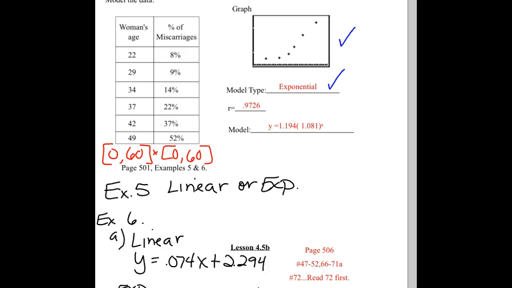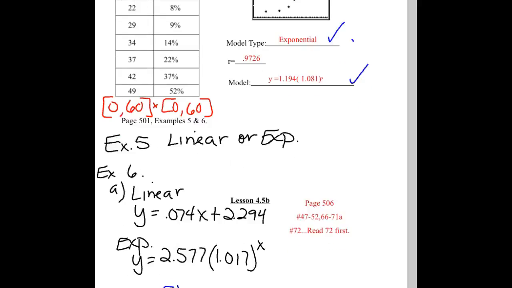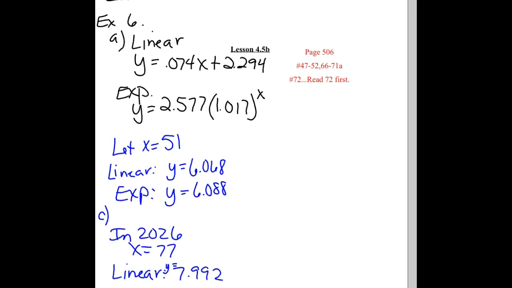So as you're going through the assignment, look at your picture, pick the model you think is best, get me the equation. Does that make sense? All in one, then you don't have to re-enter data. So you're going to be doing 72 along with these, all together. And then just do the 66 to 71A separately.